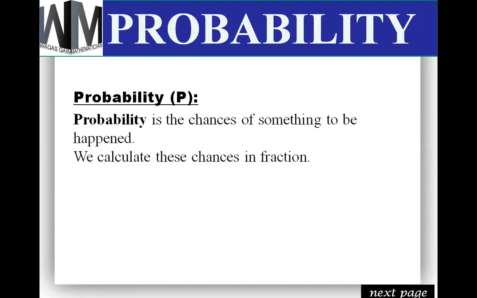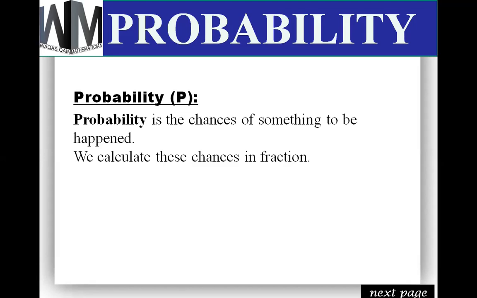So normally we use percentages to calculate the chances in our daily life. When we talk about chances of anything to be happened, we say that this could happen, the chances of this could happen is 50%. For example, there is a match between Pakistan and England.